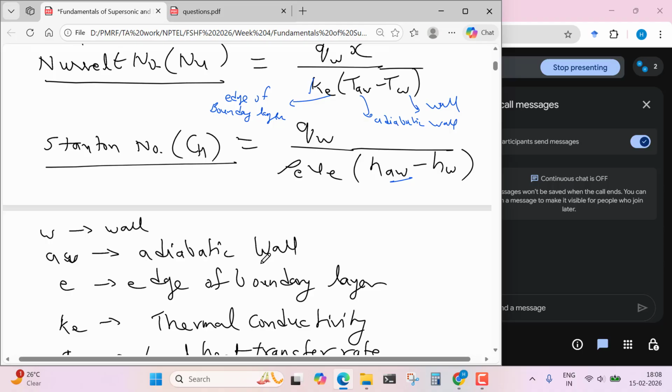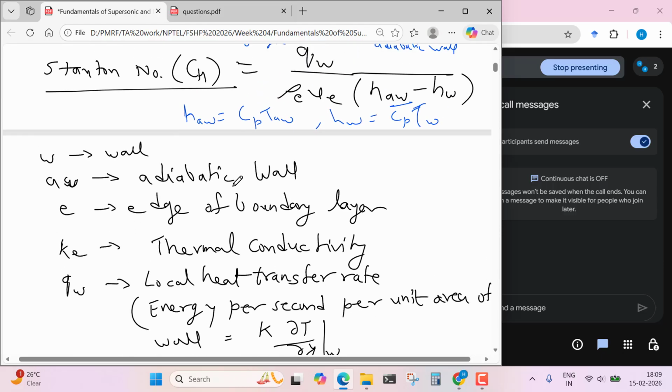If you see the Stanton number, in its denominator there is Haw minus Hw, which is similar to Nusselt number, because if we take calorically perfect gas, then Haw equal to Cp Taw and Hw is Cp Tw. So if we take the Cp common, then it's similar to this denominator part.